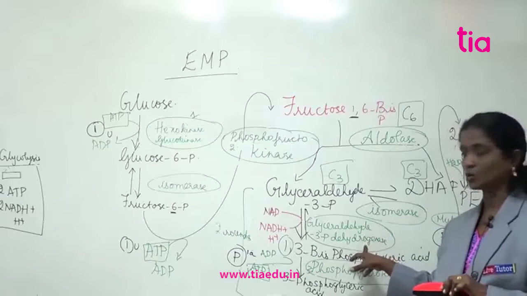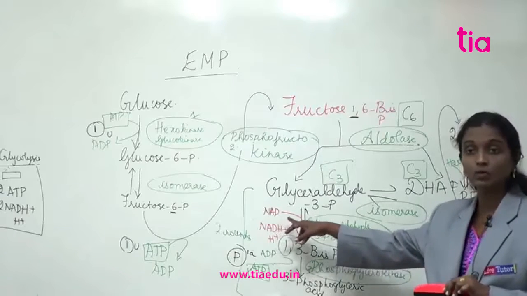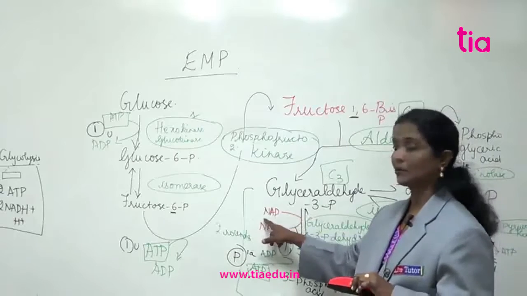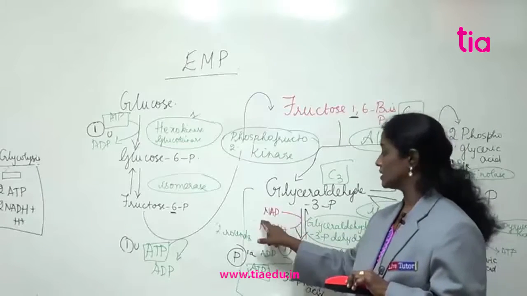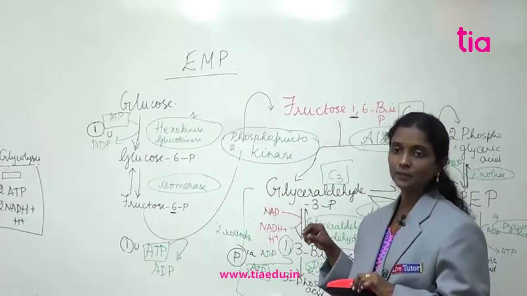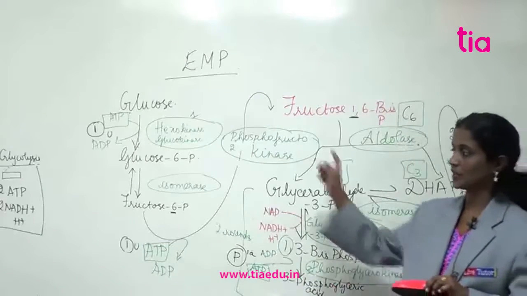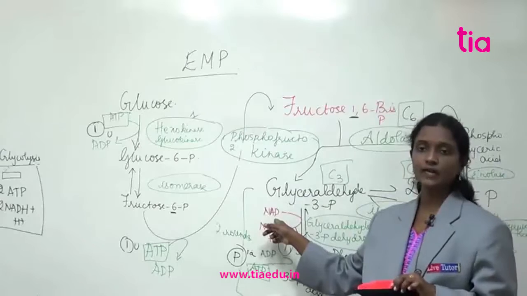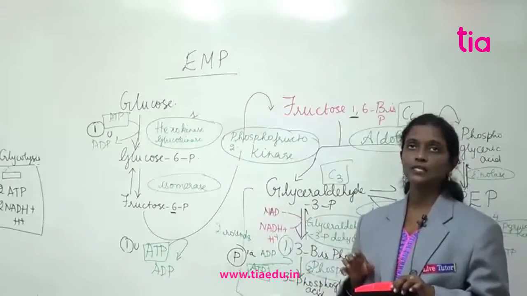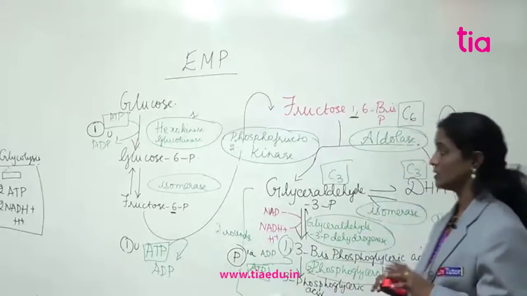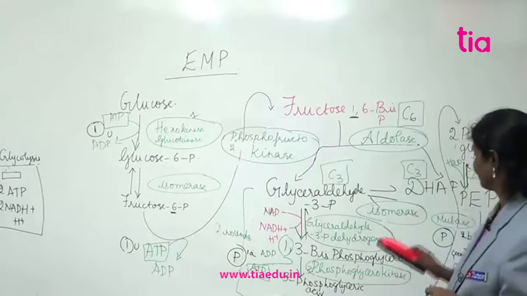This enzyme has a coenzyme called niacin or nicotinamide, nicotinamide adenine dinucleotide. This niacin is a vitamin B. It is the coenzyme of glyceraldehyde 3-phosphate dehydrogenase, the one which received the hydrogens. So NADH plus H plus is the savings that we have made. Now let us proceed with the next step.